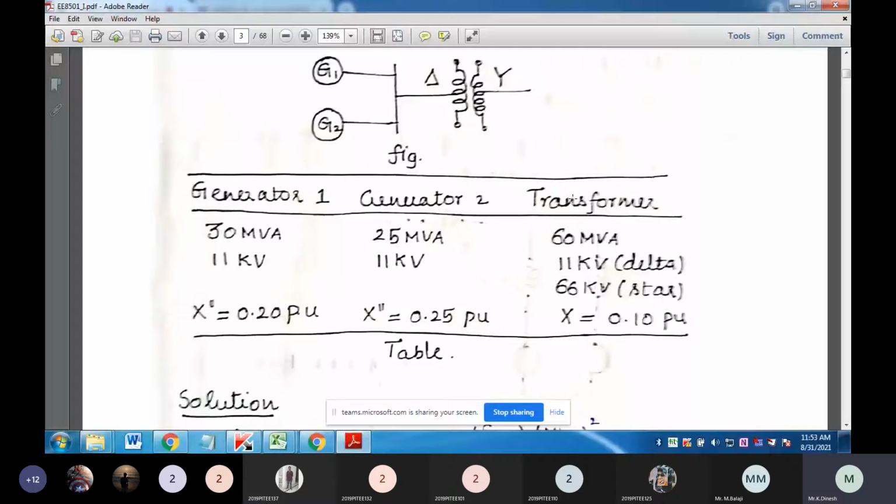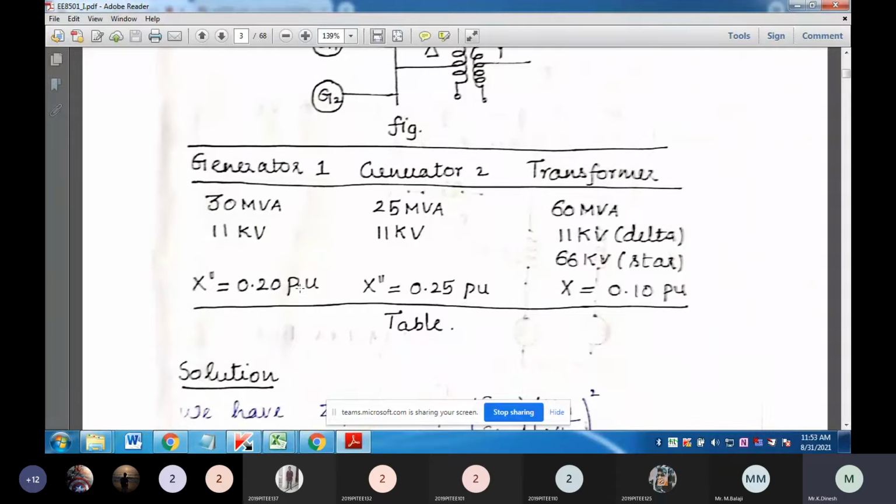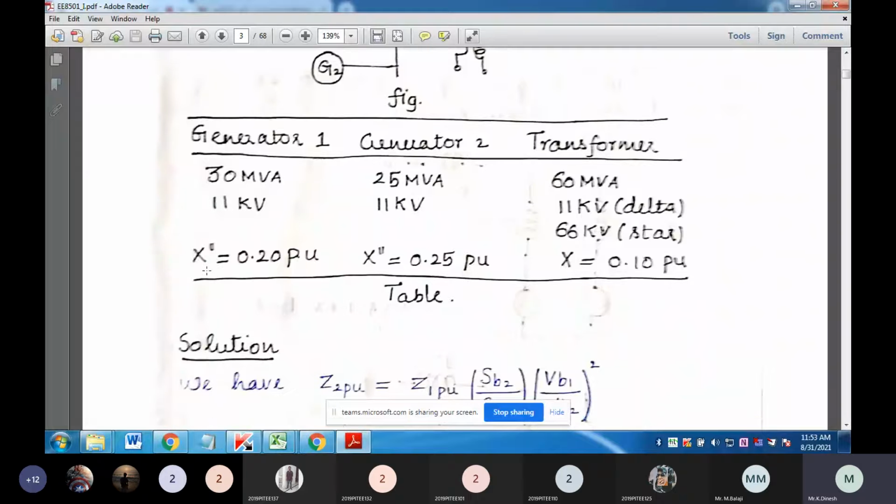So the power ratings are 30 MVA, 25 MVA, 60 MVA, and the kV rating for generator 1 and 2 is both 11 kV. For the transformer, the primary is delta connected 11 kV and the secondary is star connected, so it is a delta to star 11 by 66 kV transformer, and their corresponding reactances are given.